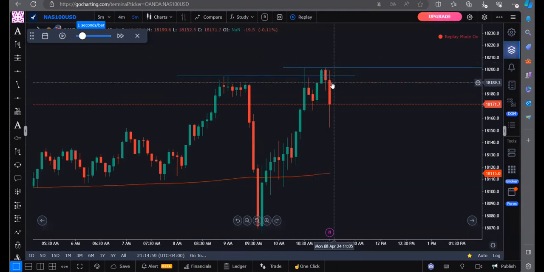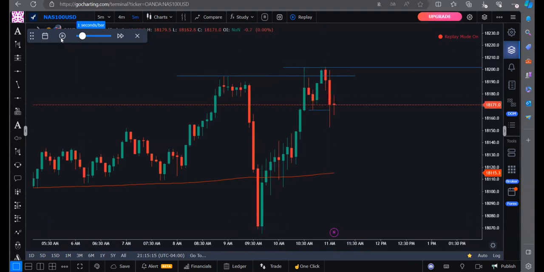Then you're going to need a displacement candle, and also you need price to break a previous structure low. So in this case, we have this displacement candle and it made a new low. Now we need a third candle, and we would love to see a fair value gap being created.